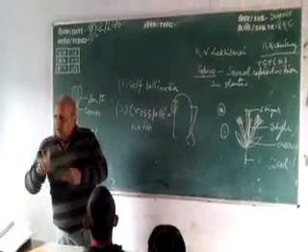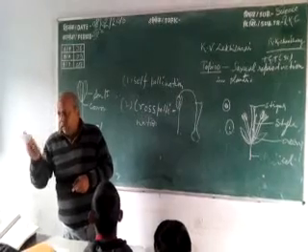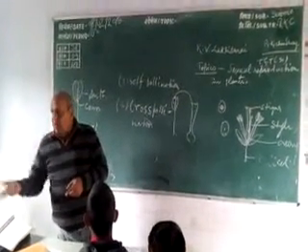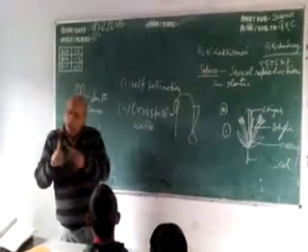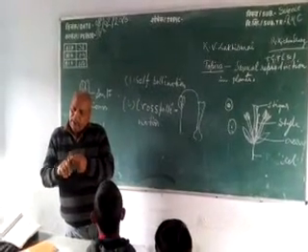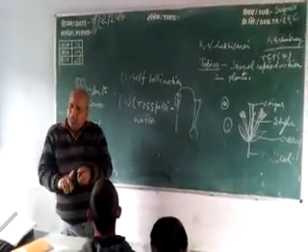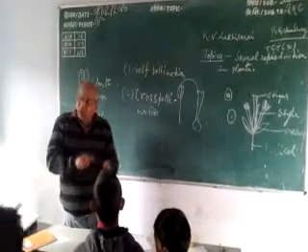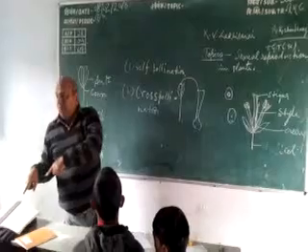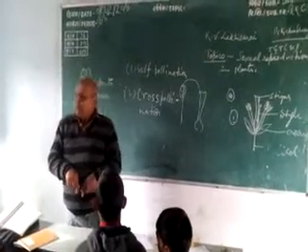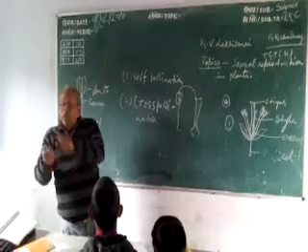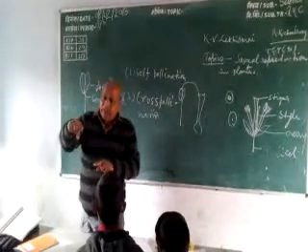In the same plant, the flower will be changed. The same flower will not be required. A separate flower, another flower will be required. So cross-pollination is the transfer of pollen grain from anther to stigma, from one flower to another flower of the same plant or another plant of the same species.